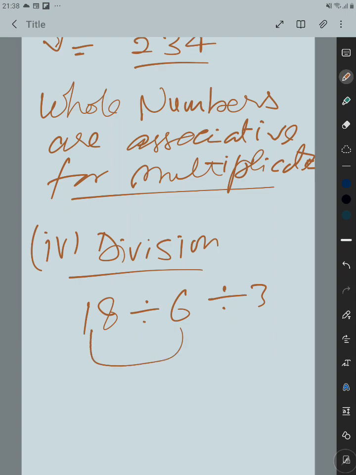So let's take multiple division, associate these two first of all. What will we get? 18 is divided by 6, so we'll get 3, and then 3 is here, so we'll write 3 here. If 3 is divided by 3, we'll get 1.